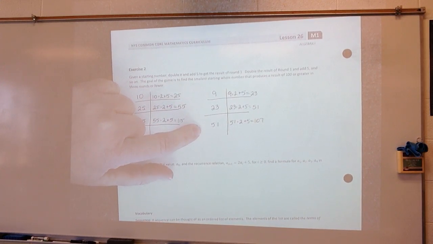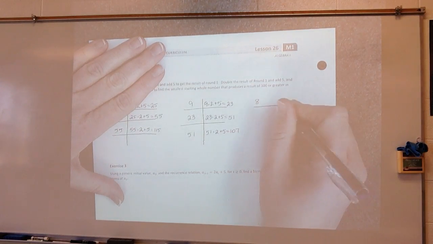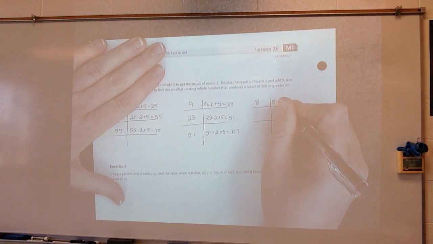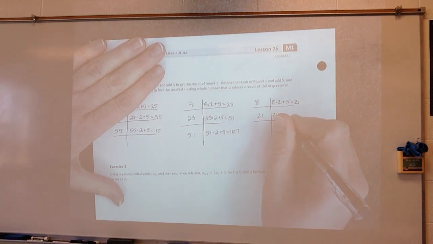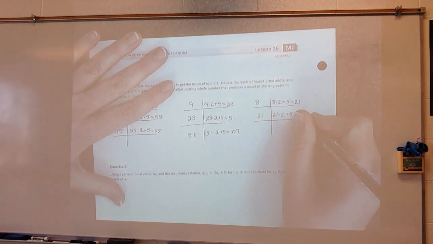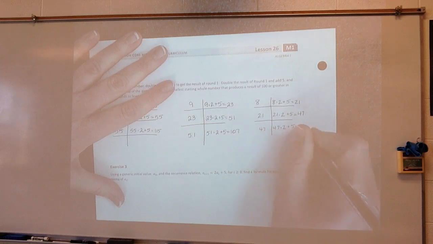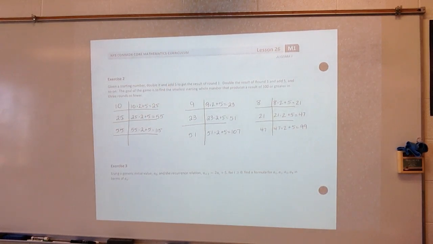But once again, our goal is to be the smallest. Alright, so let's see. We'll go 8. 8 times 2 is 16, plus 5 is 21. 21 times 2 is 42. 42 plus 5 is 47. 47 times 2 is 94. Plus 5 is 99.